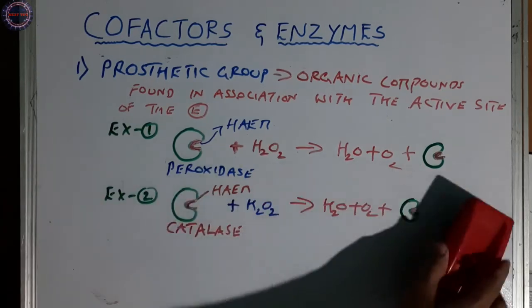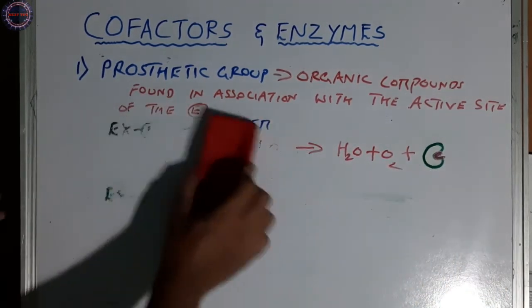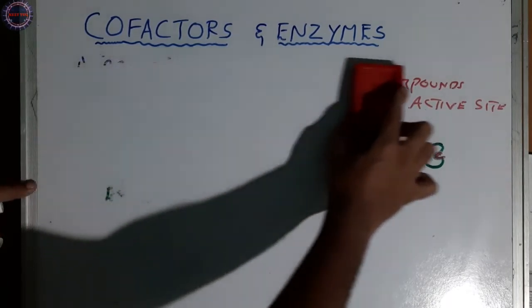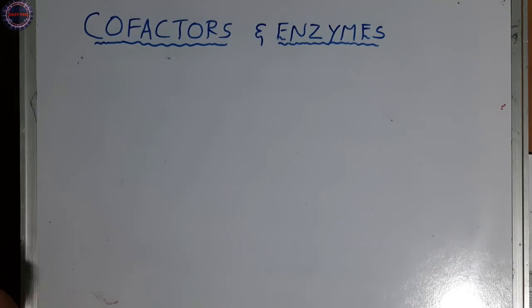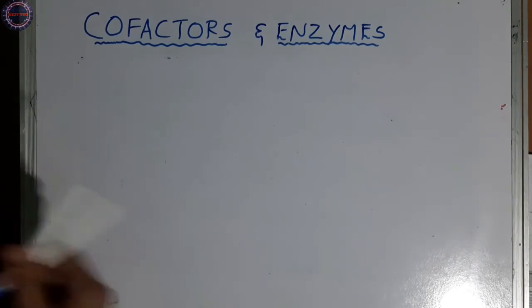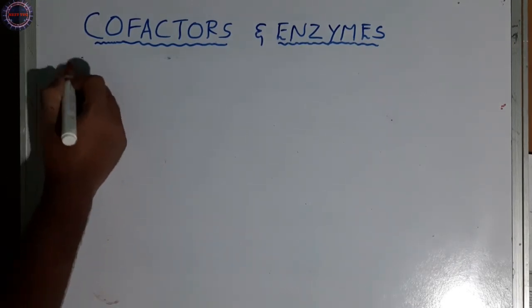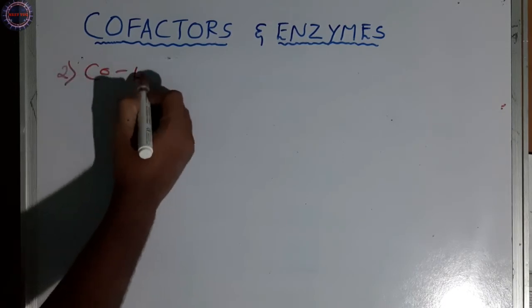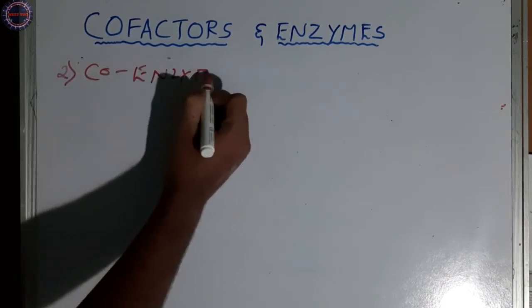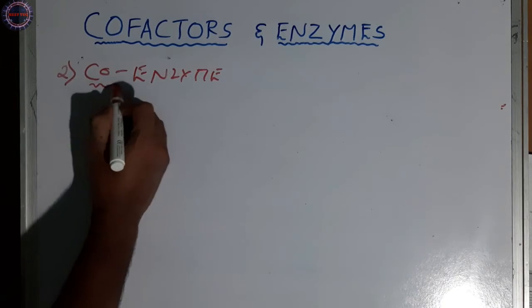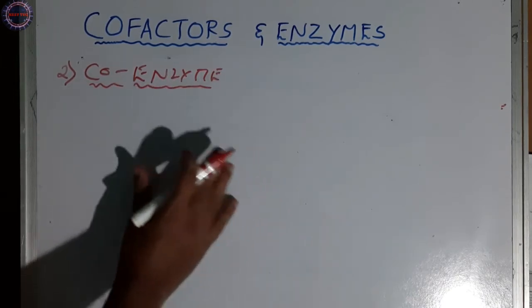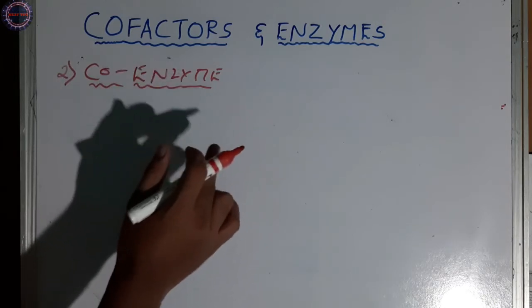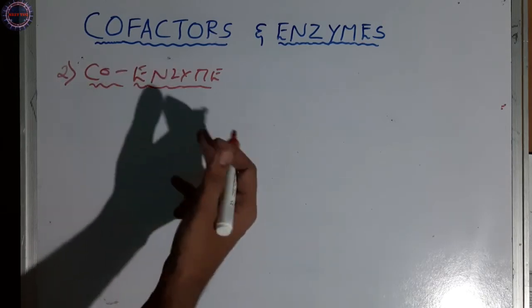We go to the next, the second type. We'll erase this. That is called the coenzyme. Okay. Right. The second type of cofactor is called coenzyme. This is easy now, because we all know that cofactors, whatever the type, always bind to the active site of the enzyme to make the enzyme catalytically active.